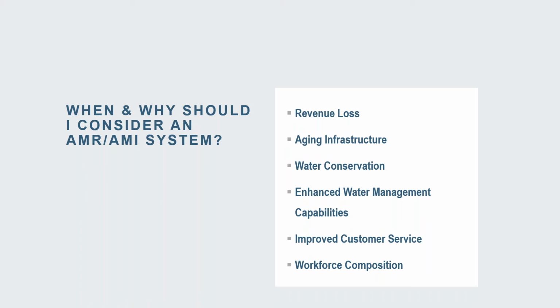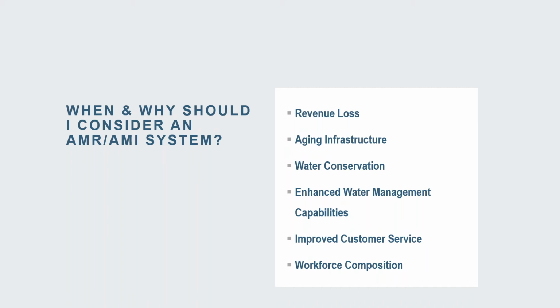Those utilities that are interested in these two items and also want real-time data about their system to help manage and improve its operation, these are the folks that need to consider an AMI system. An AMI system will provide the data. It's really up to the utility owner what they do with that data that determines how valuable an AMI system can be.